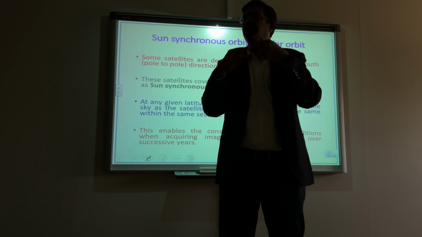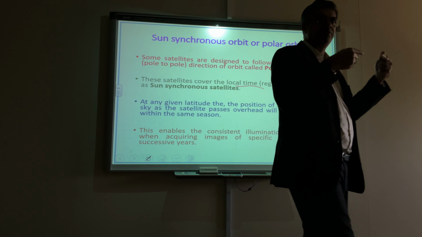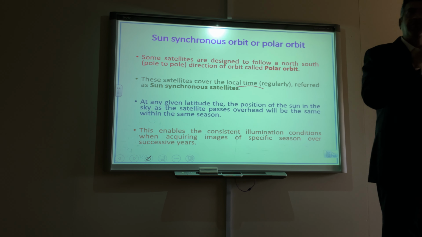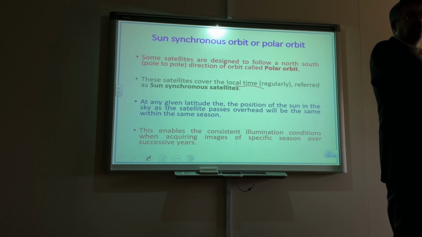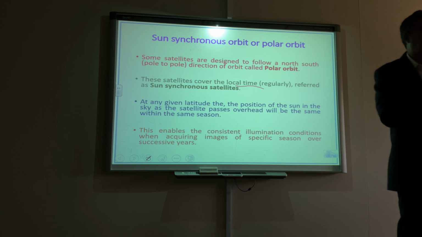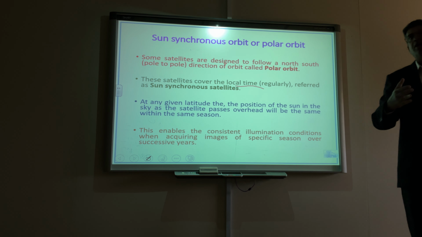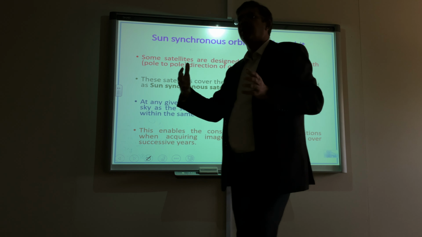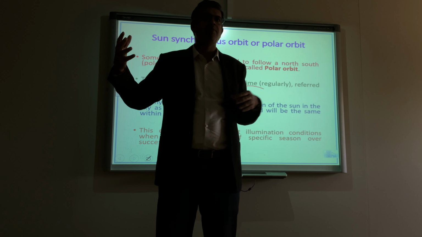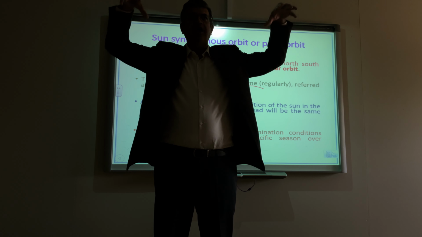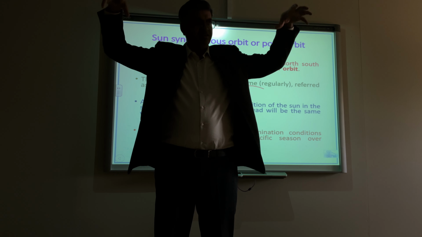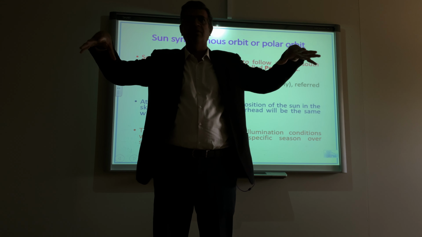So if you want to make some comparison between the images, it may be difficult because you don't have the same amount of sunlight. But if you have an image of Riyadh taken at 10 a.m. today and another image of Riyadh after say 1 week, also taken at 10 a.m., then that means you have the same intensity of light falling on the city.